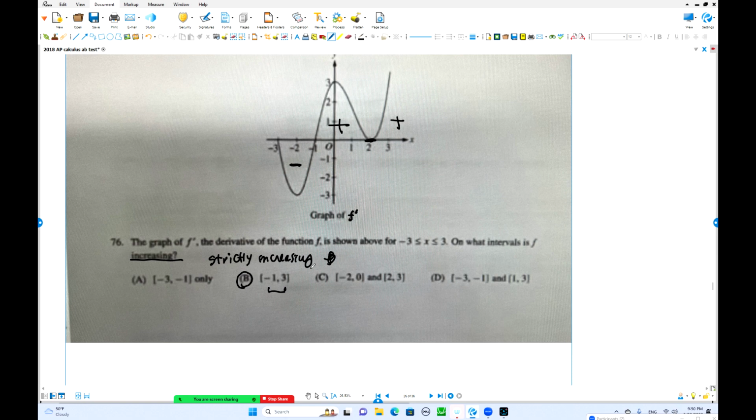If it is strictly increasing, we have to say negative 1 to 2, continue to 2, then 3. 3 is our last one. 3 is increasing, okay? But we eliminate this one, because that is strictly all the way increasing, but this one is increasing here, another increasing, okay?